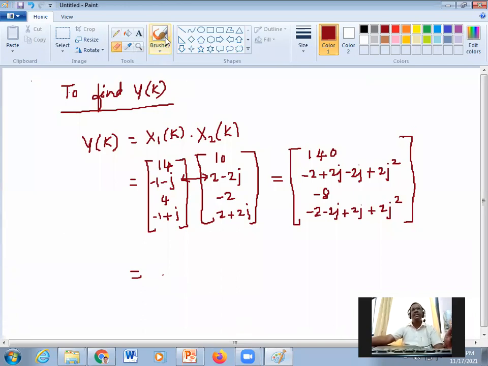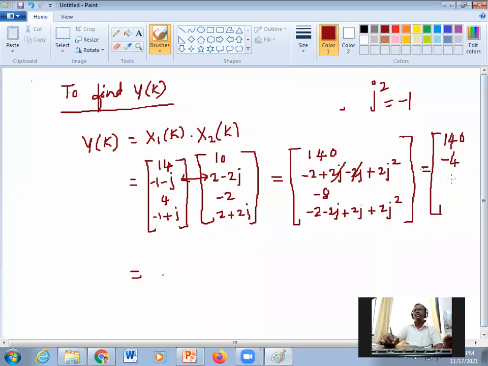So if you simplify this, we'll get 140. Then this plus 2 minus 2 plus 2j square: these cancel, and this is minus 2 plus 2j square. What is the value of j square? Minus 1. Right, we know that j square is equal to minus 1. So here minus 1 comes, so minus 2 becomes minus 4.